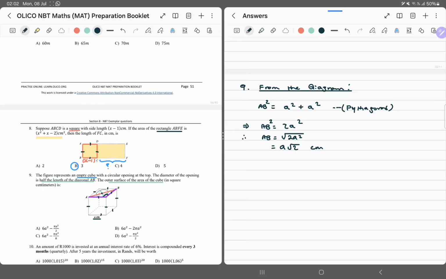Great. So we needed to find AB. But now we know that half of AB is the diameter of the circle, right?